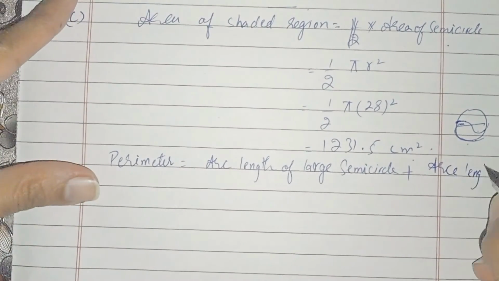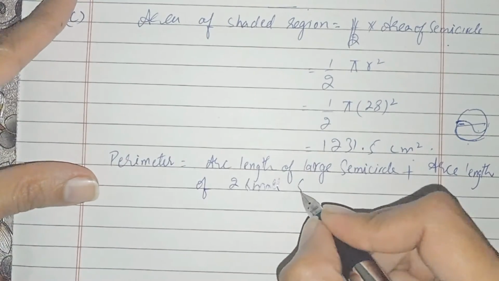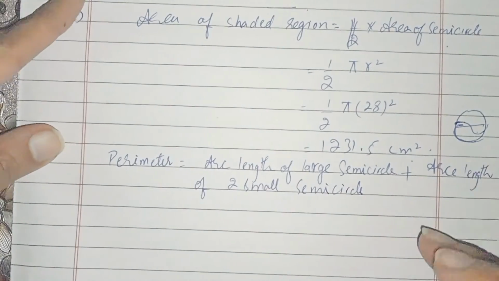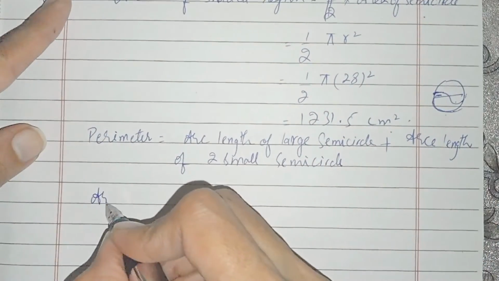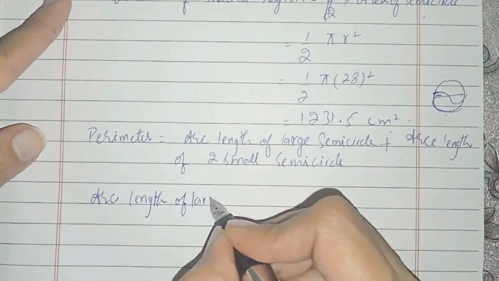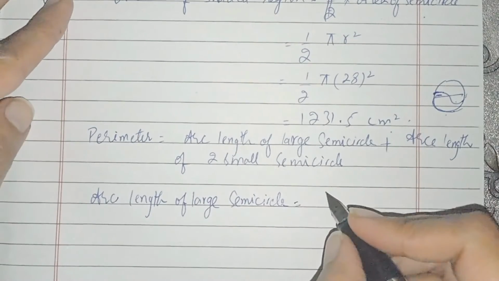Arc length of two small semicircles. Perimeter is equal to, now students, arc length of the large semicircle.